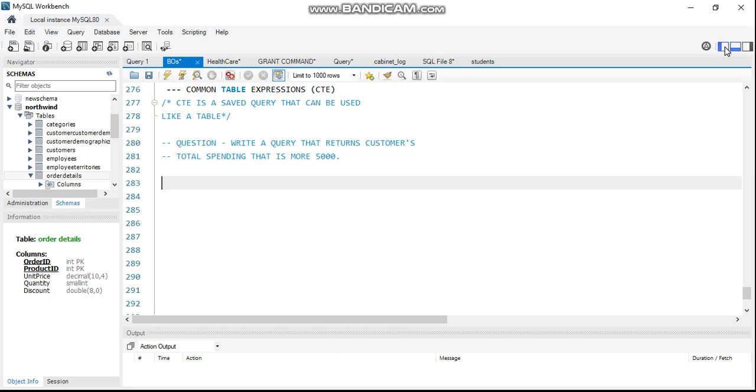Today I will be talking about a question: write a query that returns customers' total spending that is more than 5,000. We want to look at the customers that spent more than 5,000 in total. How do you do this?